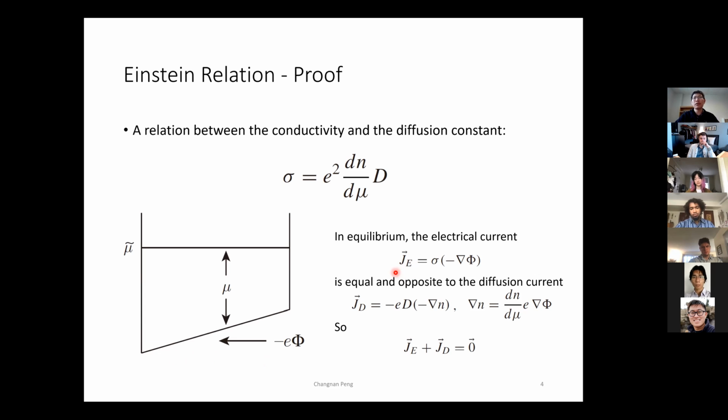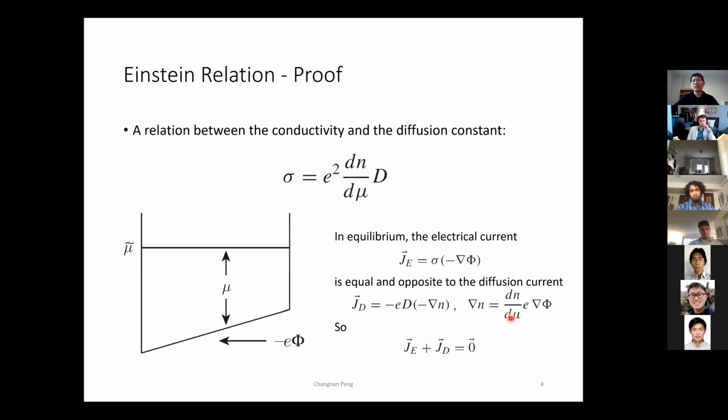So here, this is the electric current, and this is the density current from the diffusion, and they should add up to 0. We know that this density difference comes from the potential difference multiplied by the density of states. Adding all these together, we finally get the Einstein relation, which says the conductivity is proportional to the product of the density of states times the diffusion constant.